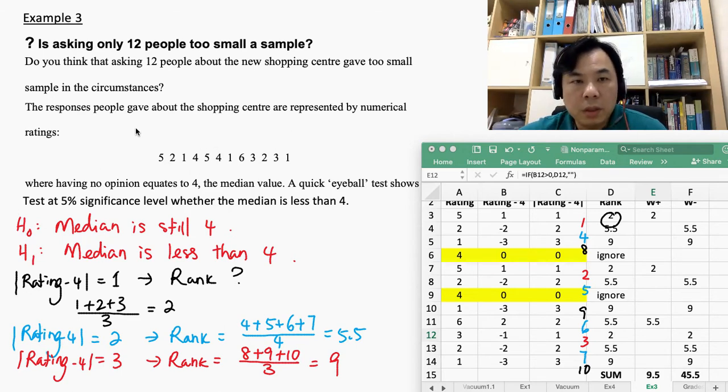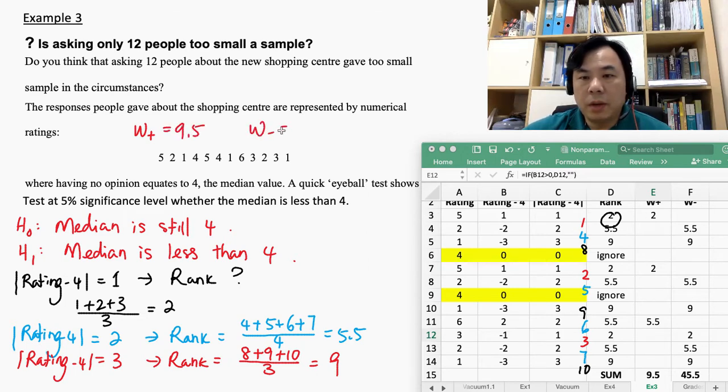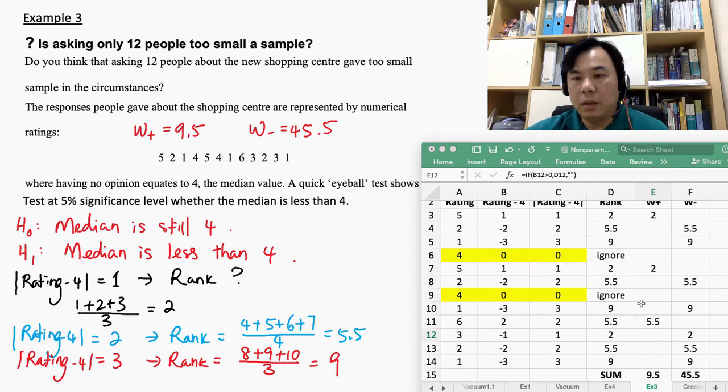Right, so W plus, the sum of positive ranks, is equal to 9.5. The sum of negative ranks is 45.5 here. I hope that is clear. That's how we perform average ranking if there is a redundant absolute deviation.